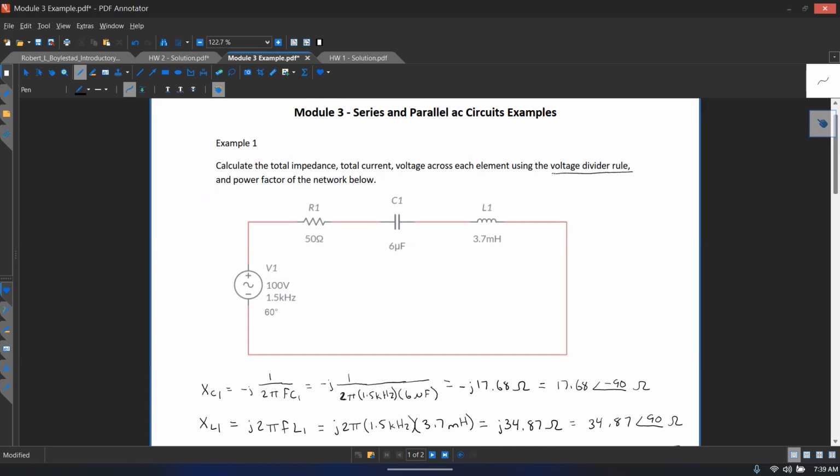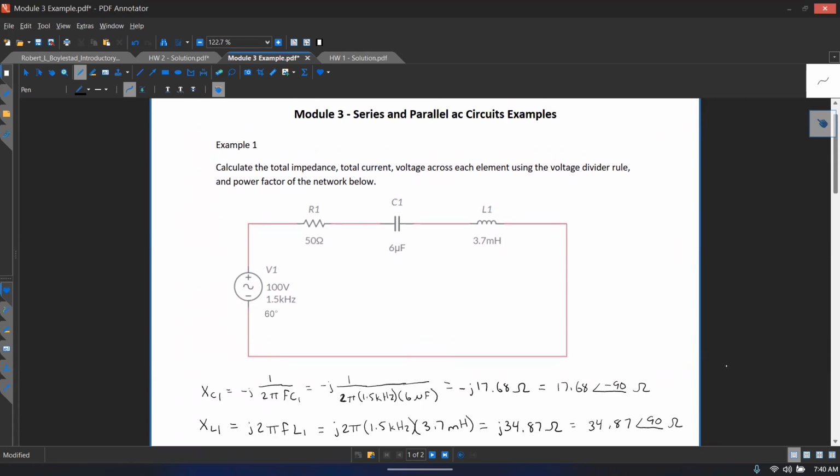And if it says using the voltage divider rule, that's what I'm going to be looking for. So it says calculate the total impedance, total current, voltage across each element using the voltage divider rule and the power factor of the network below.